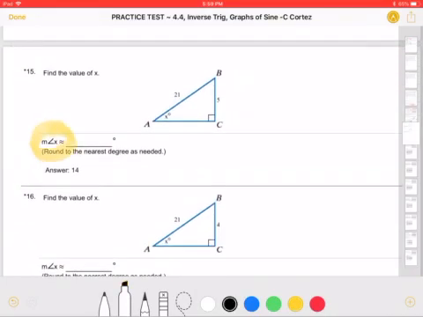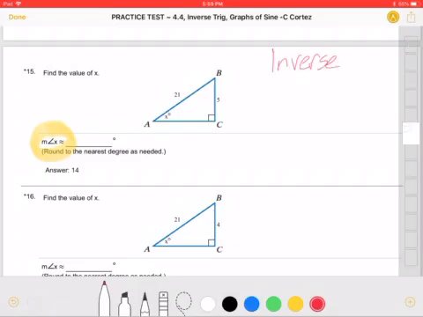So anytime we're trying to solve for an angle, this should imply that we need to use inverse trig. You saw the one video where it starts with what you would do for a Klondike bar. In this case, you should be asking yourself, what would you do if you don't have any angles? And that's the case here. So when that happens, we're dealing with inverse trig.